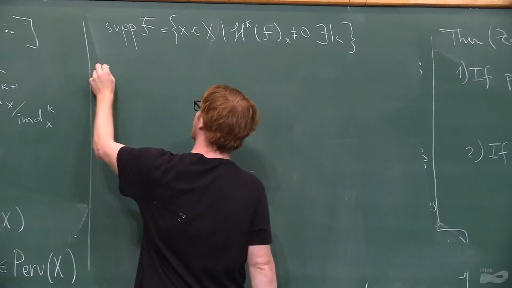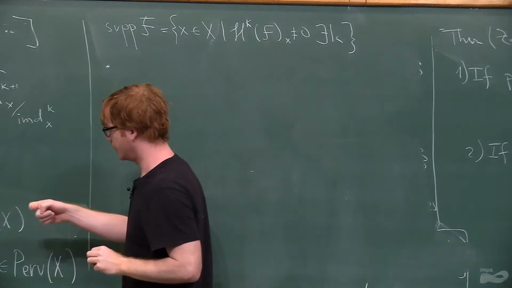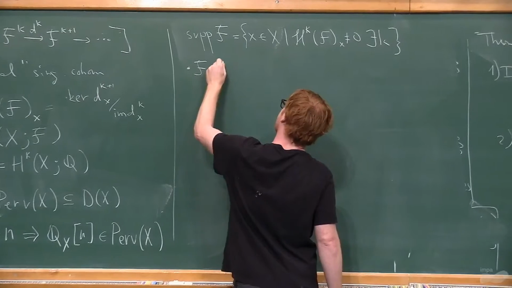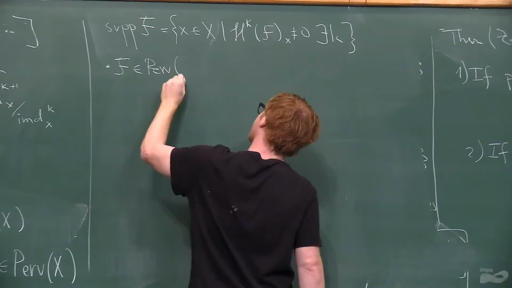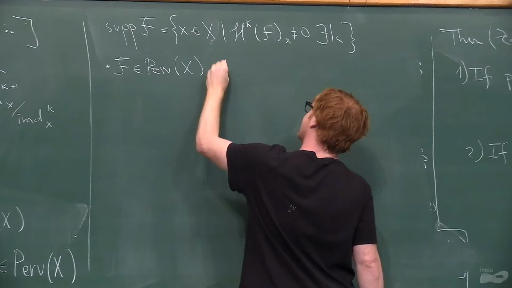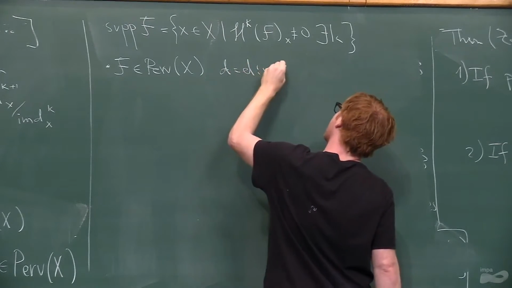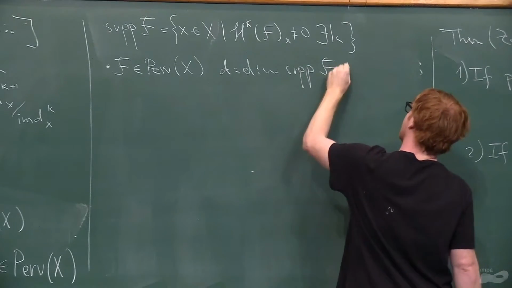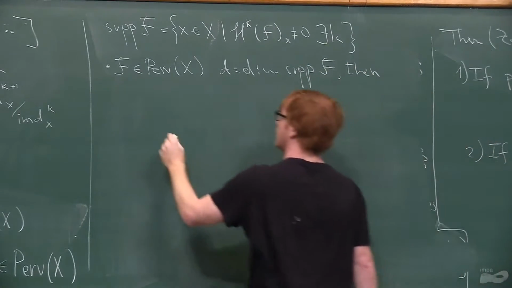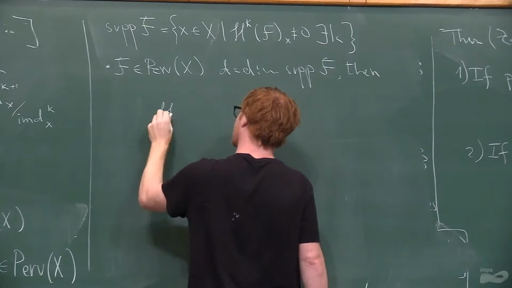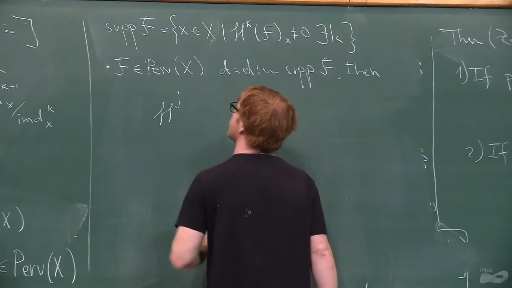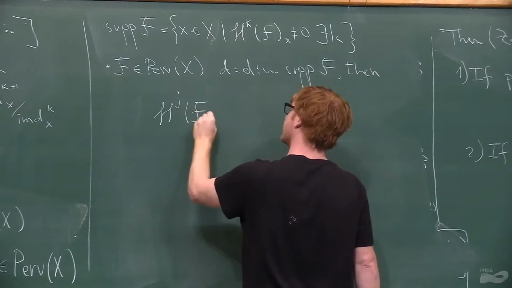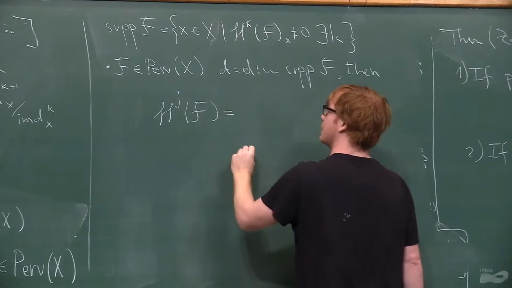So a very important thing about perverse sheaves is that if I take a perverse sheaf and D is the dimension of the support, then the stalk cohomology of F is concentrated in certain degrees.